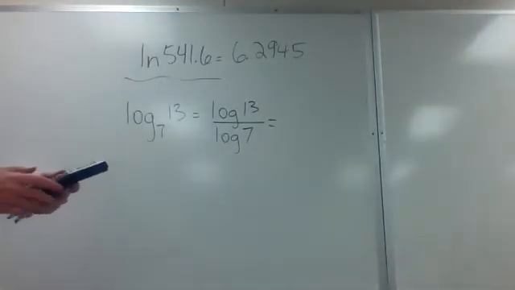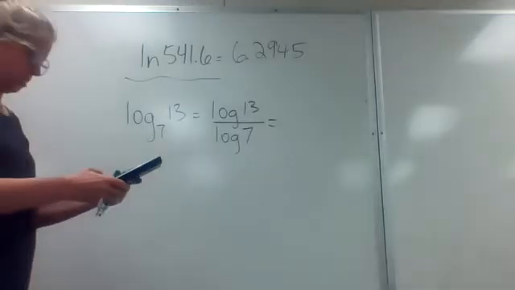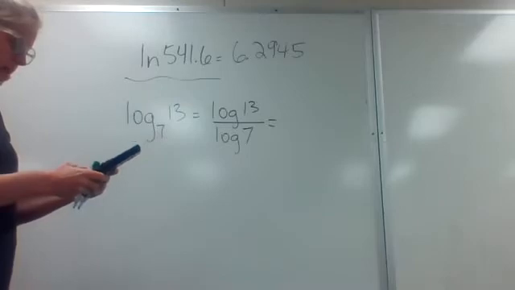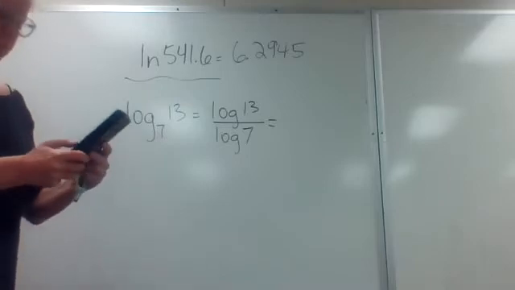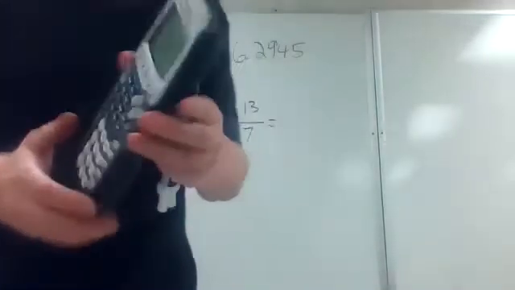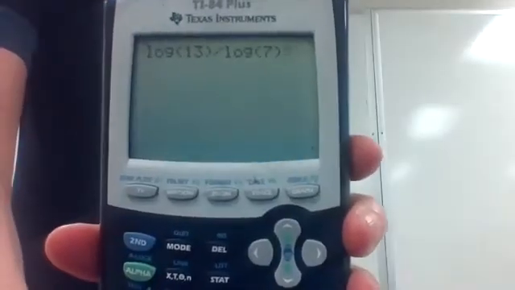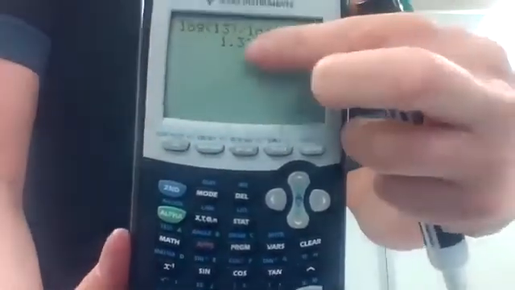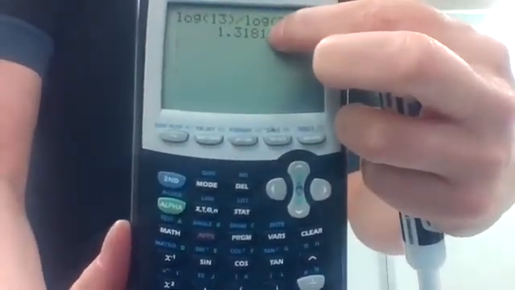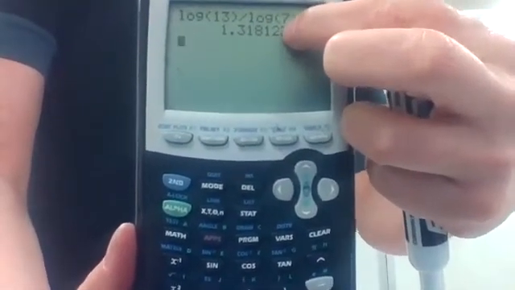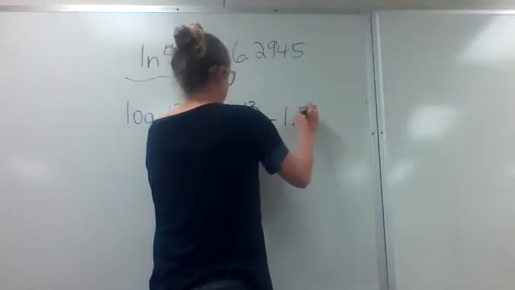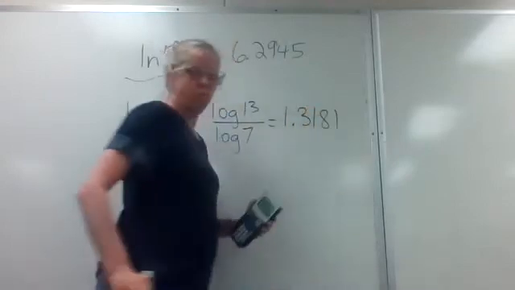And again, round to 4 decimal places. So log 13 close divided by log 7 close. Go to 4 decimals. So 1, 2, 3, 4. After that 1 is a 2, so again, I don't need to round up. So I have 1.3181.